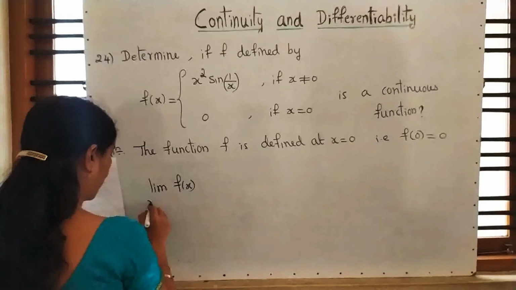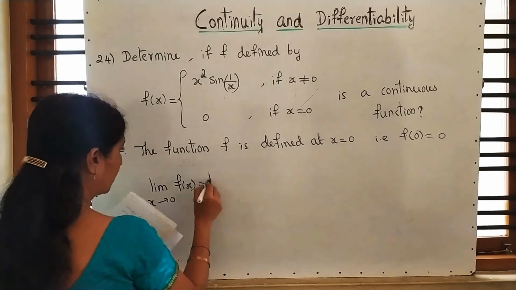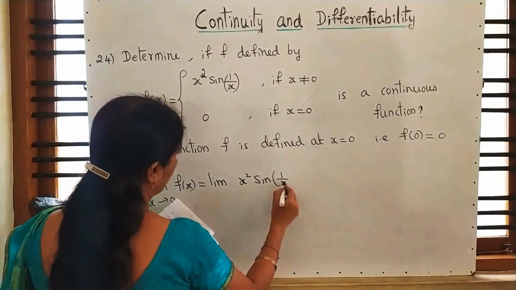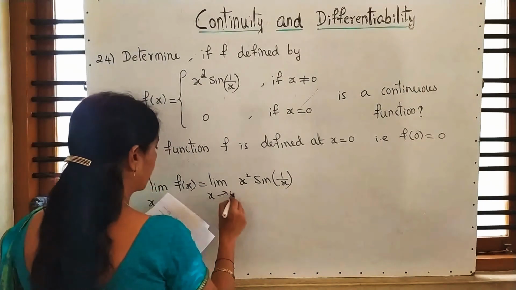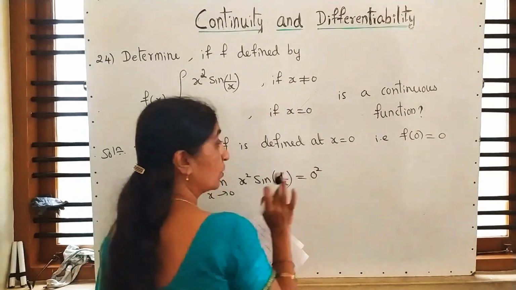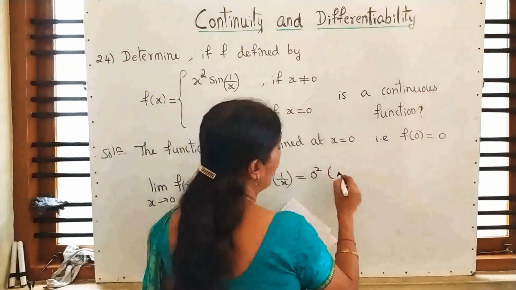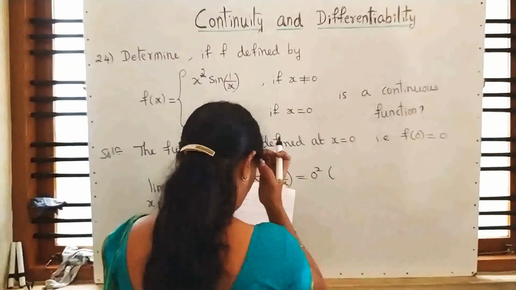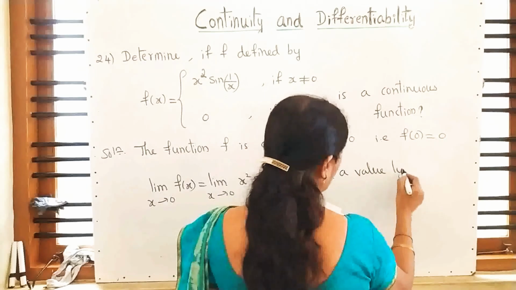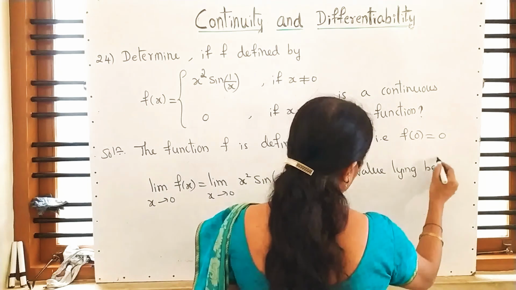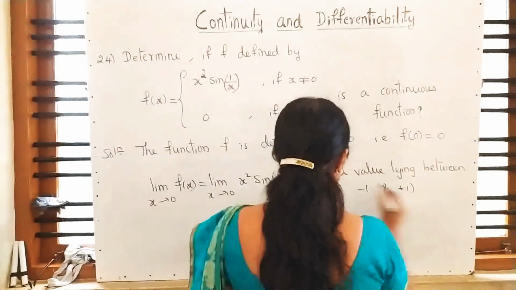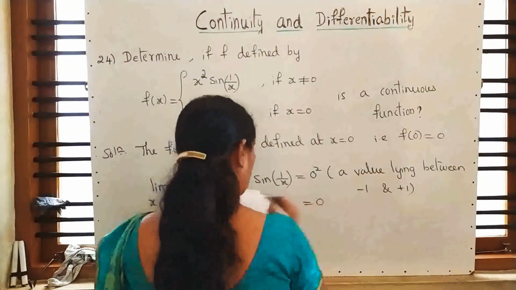Limit f of x as x tends to 0 is limit x square into sin 1 by x as x tends to 0. So here x square means 0 square, and sin 1 by 0 is not infinity. It is a value lying between minus 1 and plus 1. That means 0 into any finite value is 0.